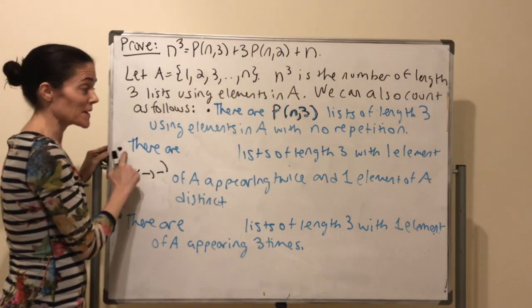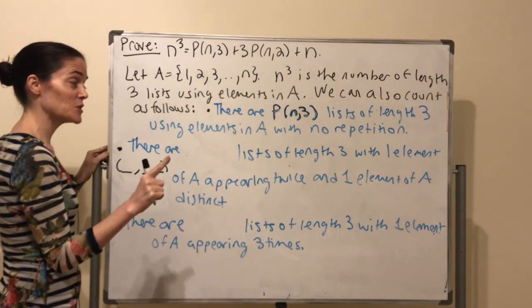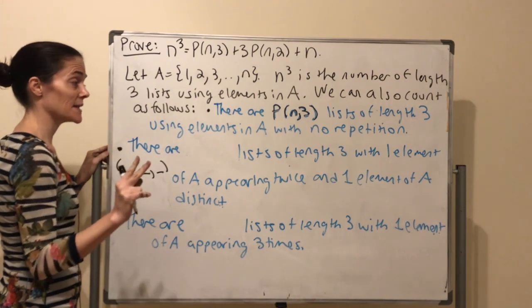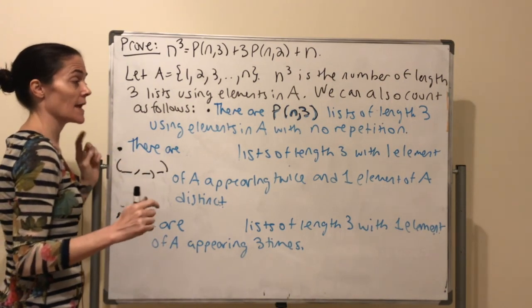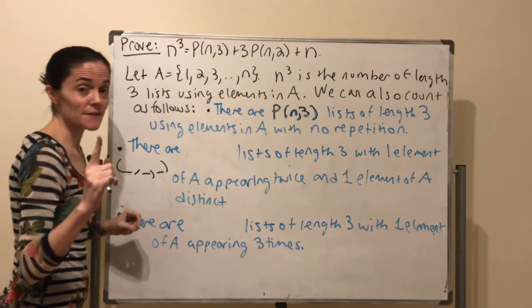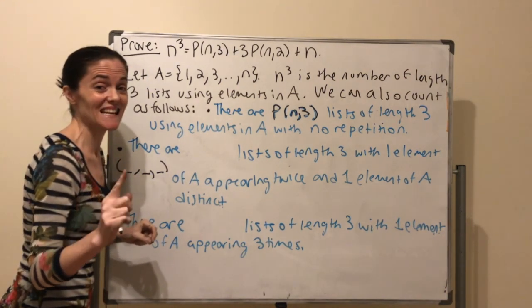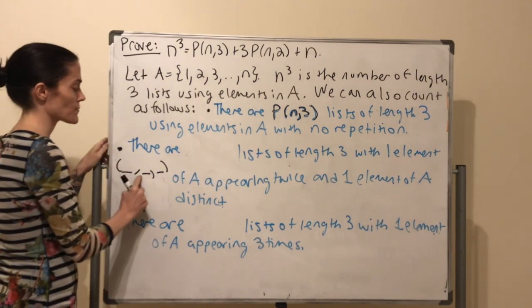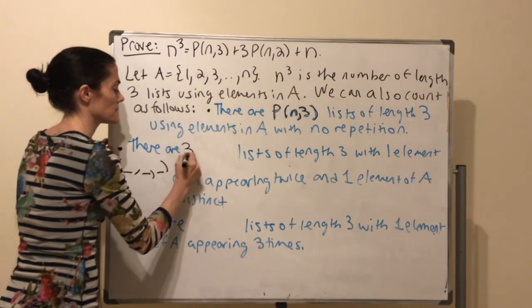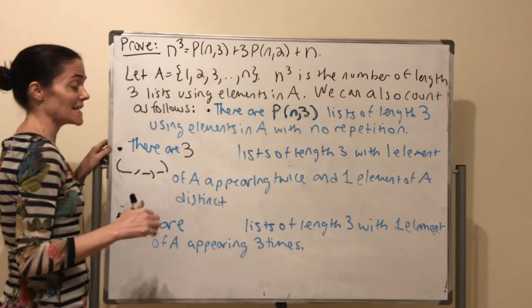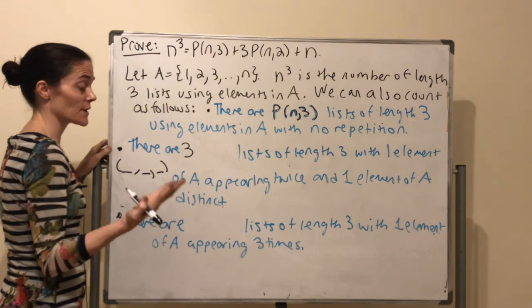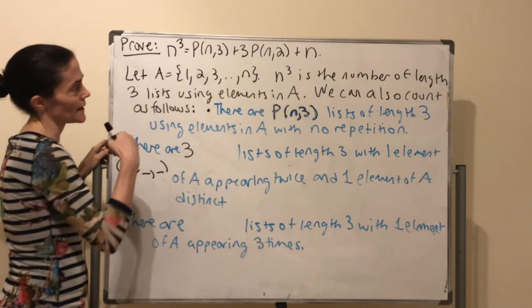Let's count this one. We have one element appearing twice and one element that is distinct. Okay, here we go. First, pick the spot for the distinct element. There are 3 possible spots. Then I need an option for the distinct element, and I have n of them.